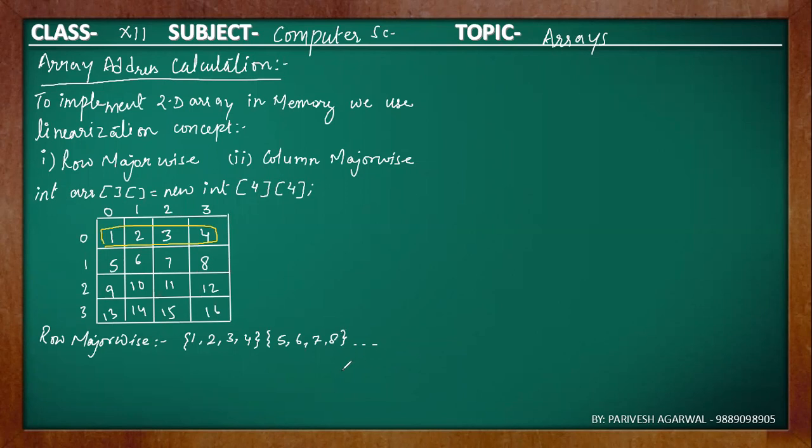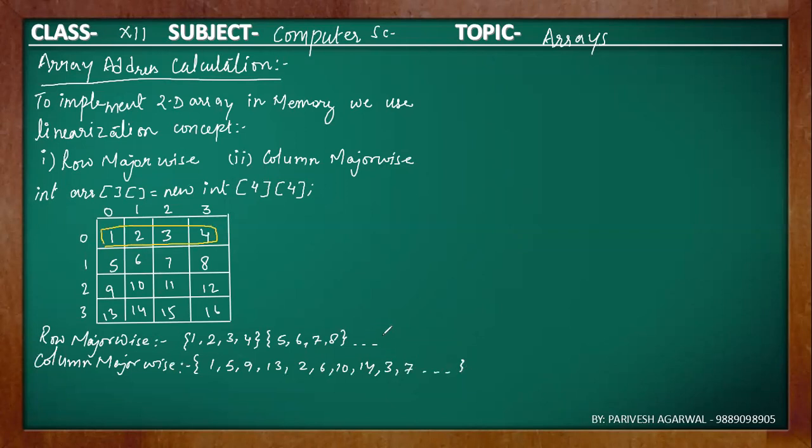Now, if we talk about column major wise, the values are going to be stored in the form of columns. That is, the sequence 1, 5, 9, 13, 2, 6, 10, 14, 3, 7, and so on.